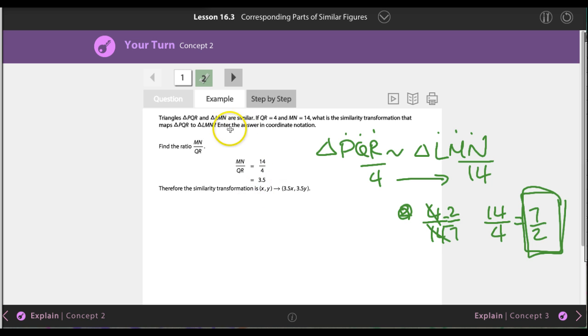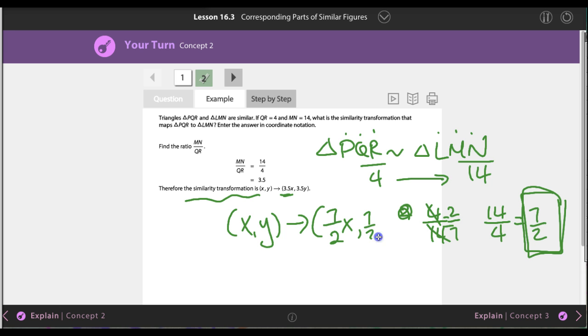So then what is the rule? Well, the rule is x comma y is now basically being blown up by 7 over 2, in decimal form is 3.5. So it's 7 over 2 x and 7 over 2 y. So that is basically what it is, because similarity is all about dilation, and we talked about dilation.